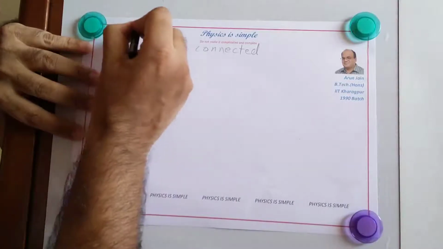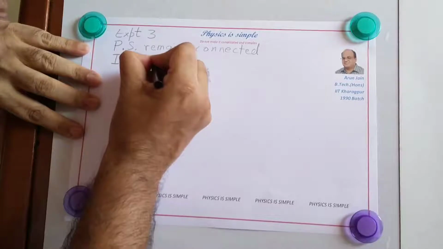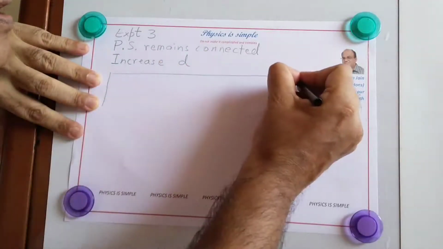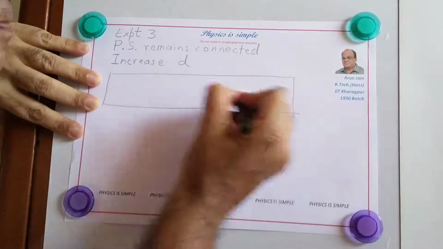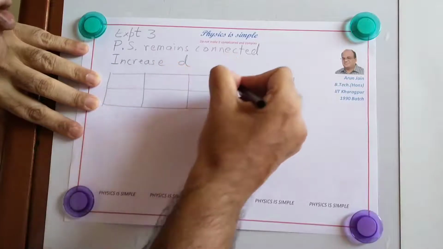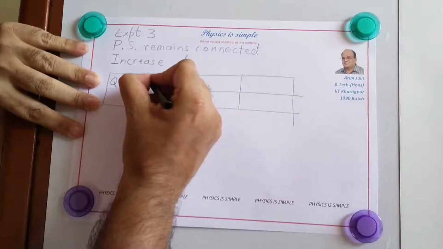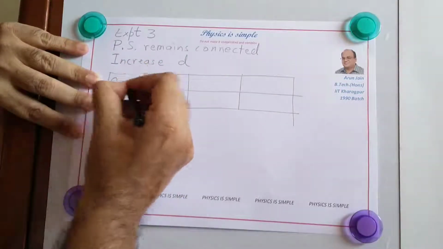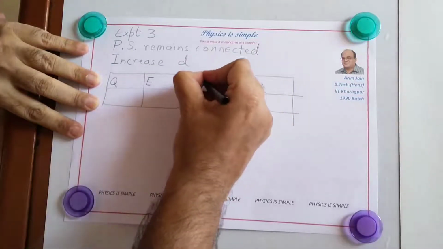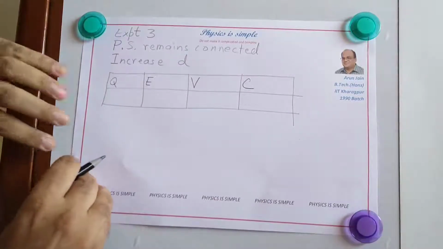And now in the third experiment, we increase the separation D. Now we want to see how these parameters will change: charge, electric field between the plates, potential difference between the plates, and the capacitance of the capacitor.